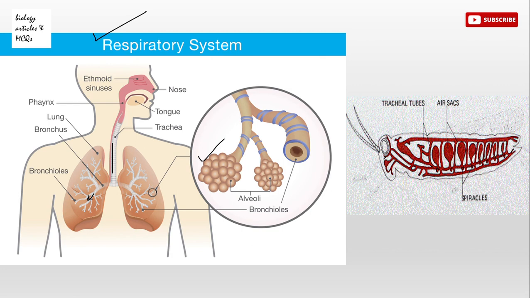These are shown here. Now the oxygen is present in the alveoli. It has to mix into the blood in order to circulate in our body.